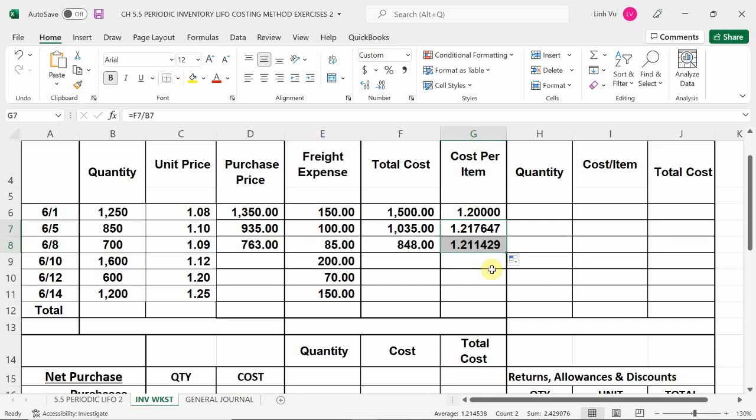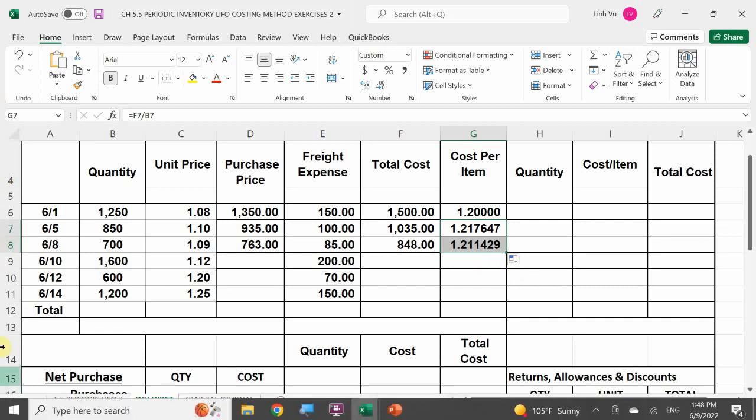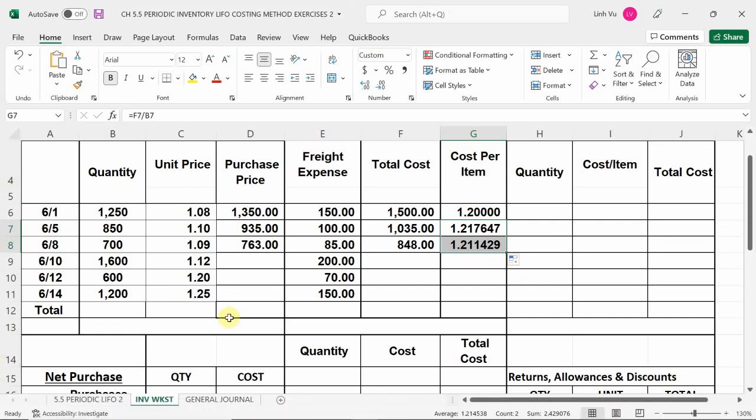Okay, because if you stop at 1.2114, you will definitely get a rounded number that might be slightly off from the actual answer. Okay, because you're rounding a little too early. The number's off too early. Okay, so in this case, good, right?